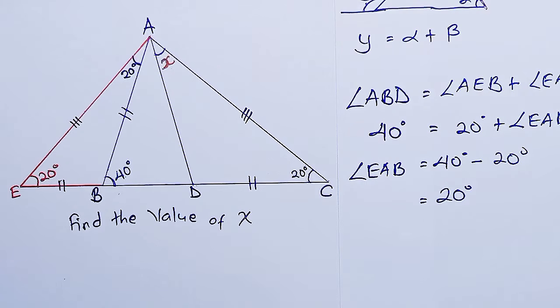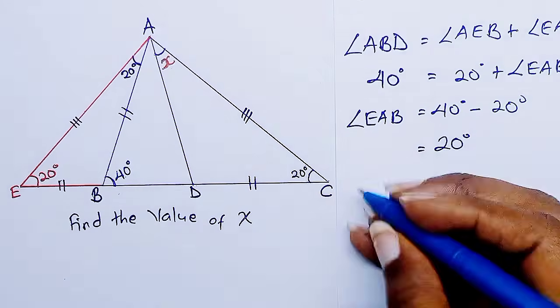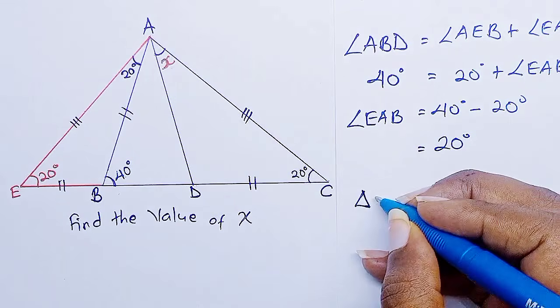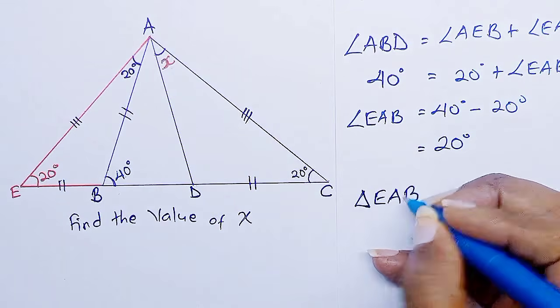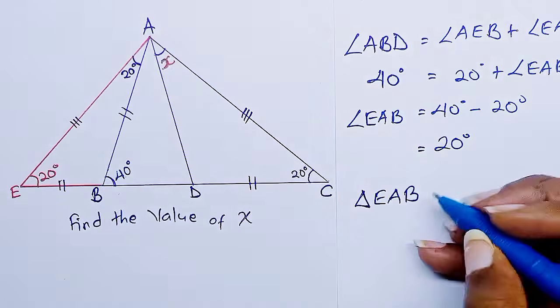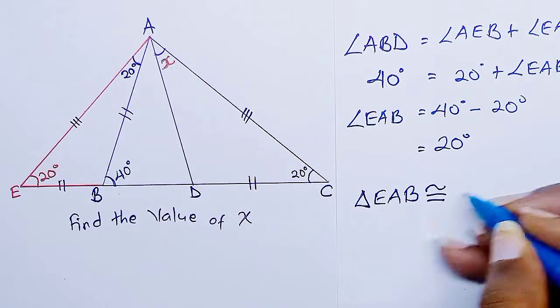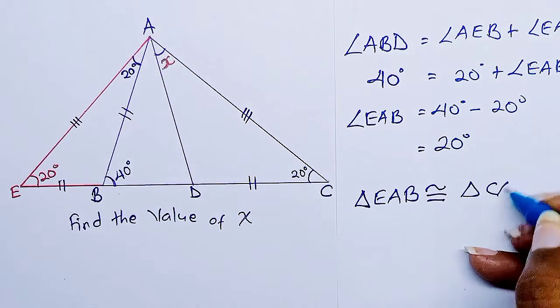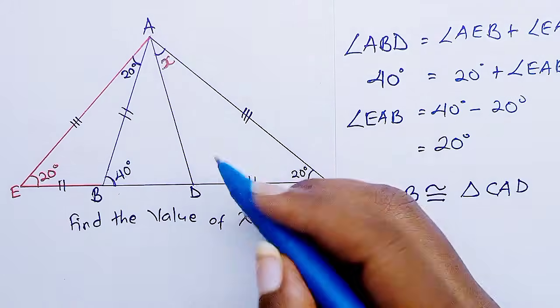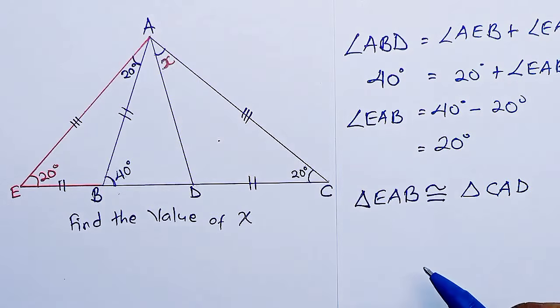And with that, according to the side angle side theorem, triangle EAB, this one here, is congruent to triangle CAD, this one, due to the side angle side theorem.